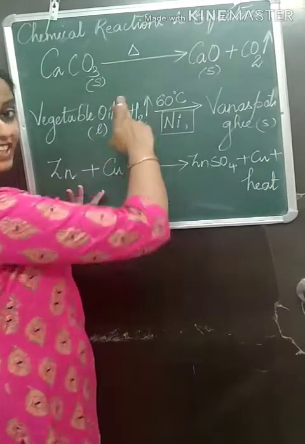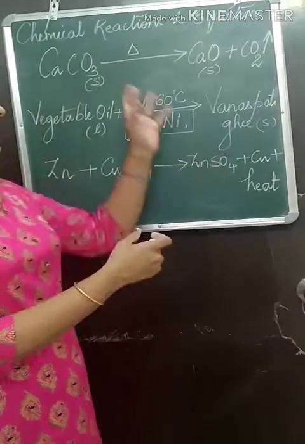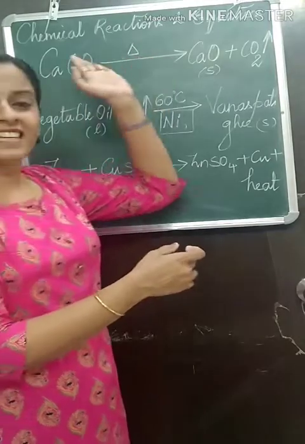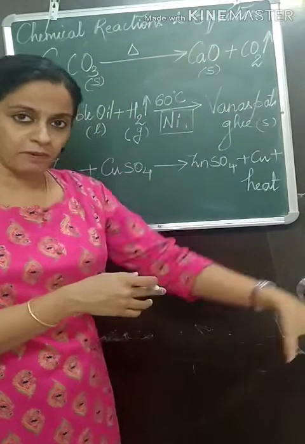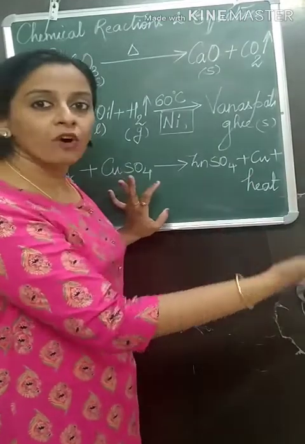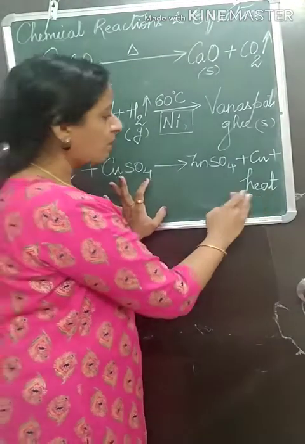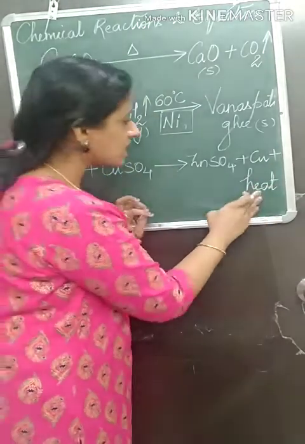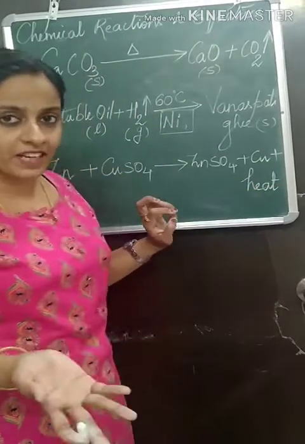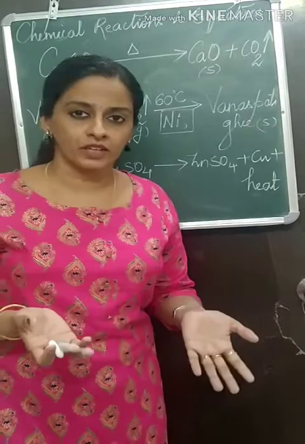In the earlier reaction, heat is supplied so that the reaction takes place. Here heat is given for the reaction to take place, whereas here heat is evolved. Heat is given out as a product. So plus heat. This is an exothermic reaction where heat is evolved.